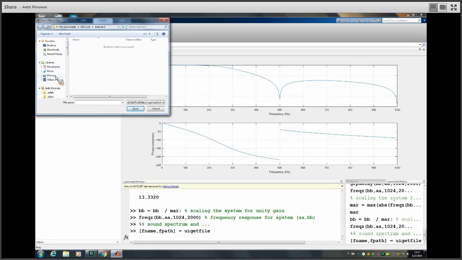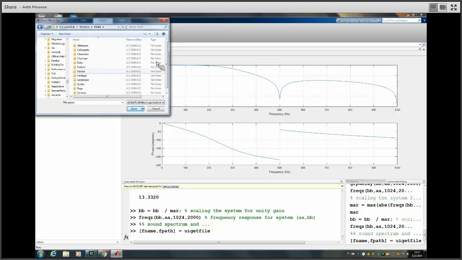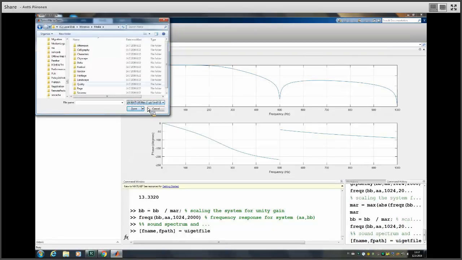Let's see, do we have any music here? Sample music? No, we don't have any sample music. You can always find some sounds in Windows Media, right? And there we should have. Okay, all files.